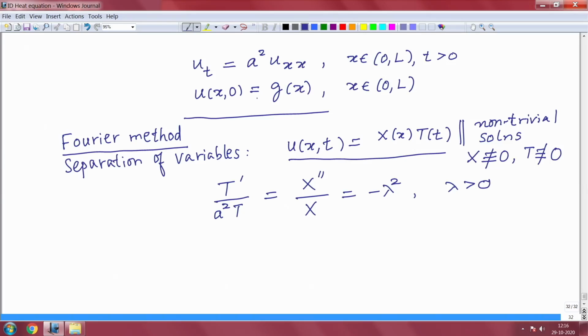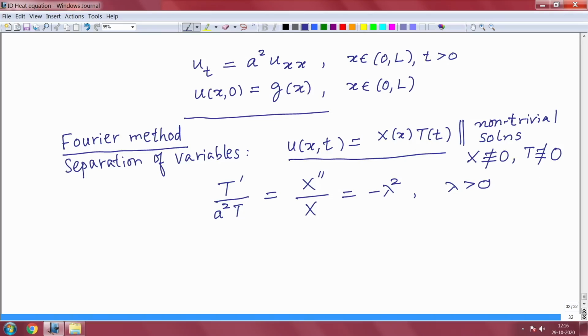So, whatever boundary conditions we put at x equal to 0 and x equal to L, they transform into boundary conditions for the function X. So, if we take positive sign, again let me repeat that, that produces an exponentially growing T which is physically not acceptable. So, we reject the positive sign and consider only the negative sign.